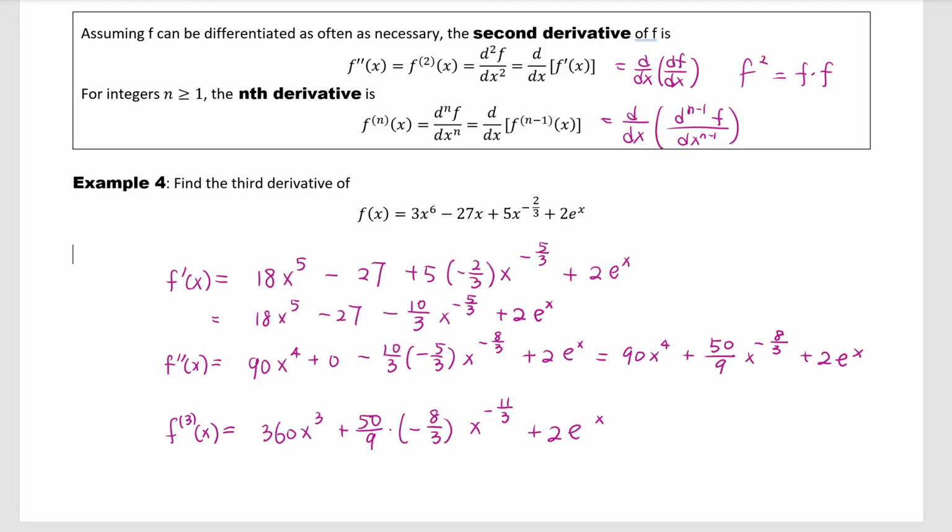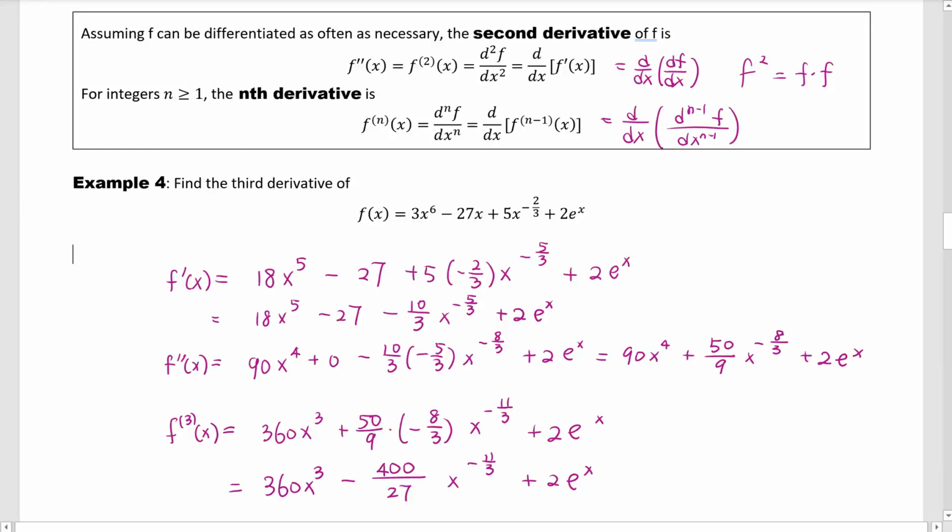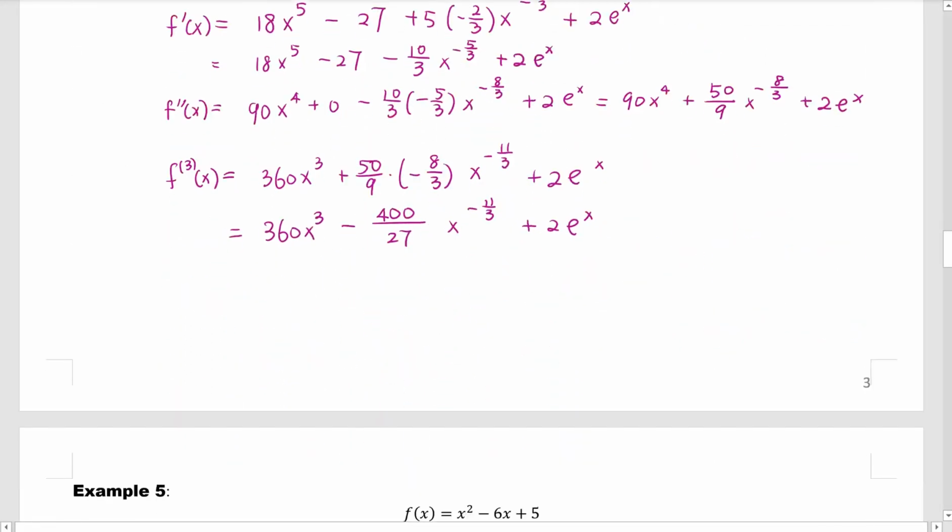So that is 360 x cubed minus 50 times 8 is 400 over 9 times 3, 27, x to the minus 11 over 3 plus 2 e to the x. So this is our answer. Do you have the same answer? Great. Let's continue.